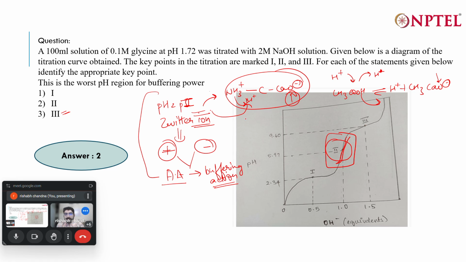But in a case like this, or like this, it will donate and it can accept. So this is the case with the first one, and this is the case with the last one. So is it fine?